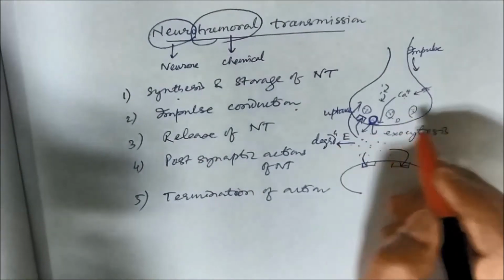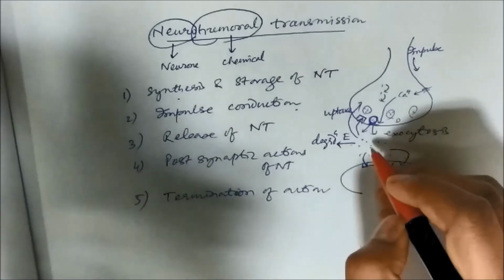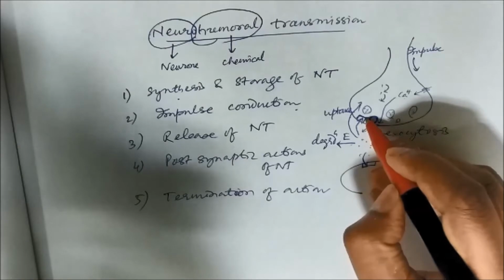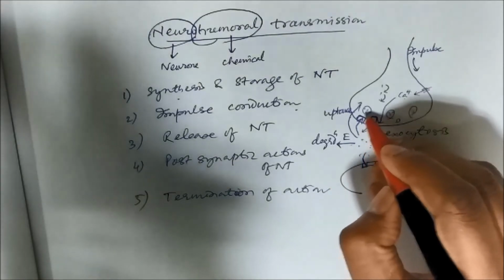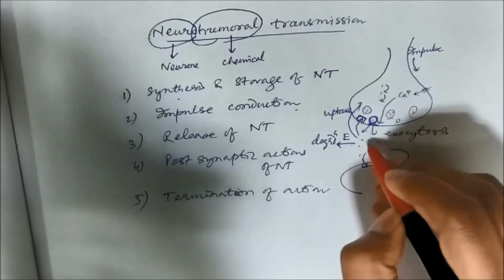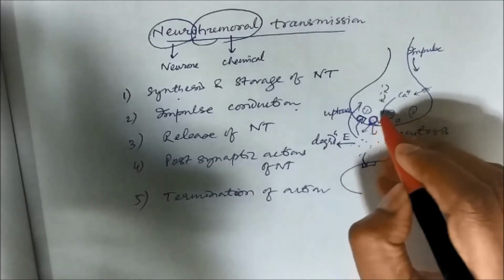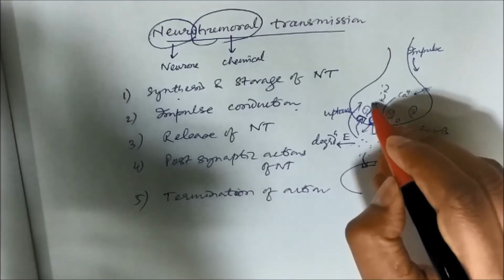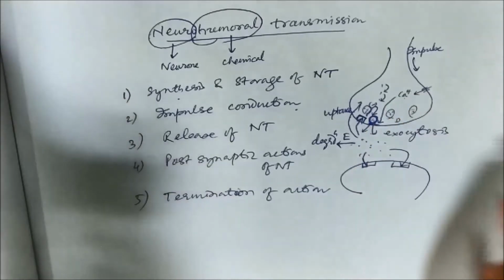This can also terminate the action. These receptors are mainly inhibitory receptors, and when these neurotransmitters act on the presynaptic receptors, they inhibit the release of neurotransmitters.